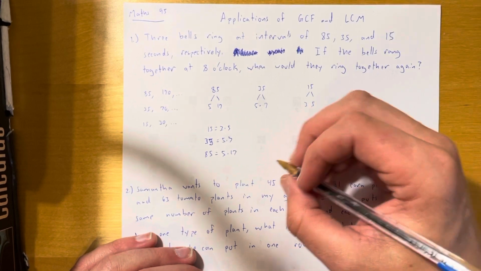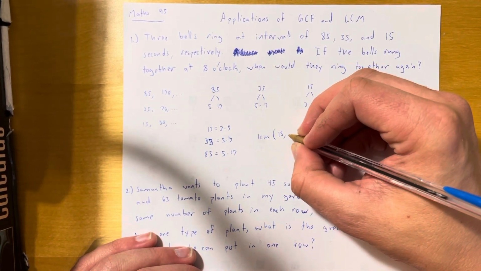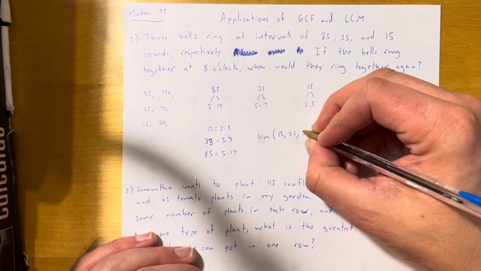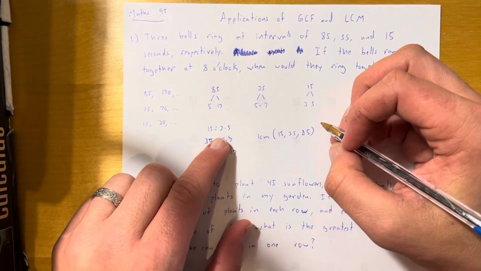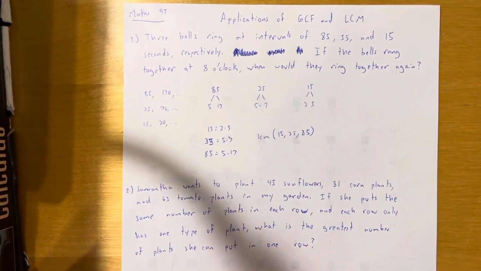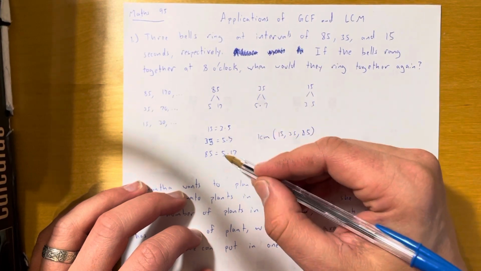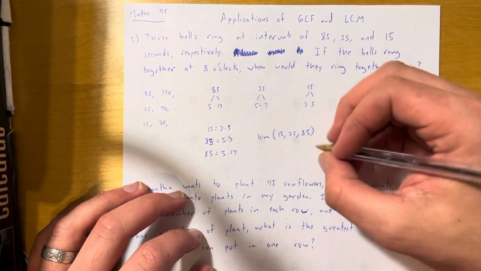Remember, our technique for finding the LCM of those 3 numbers is to take the highest power of each prime that shows up anywhere amongst these 3 and multiply them out.